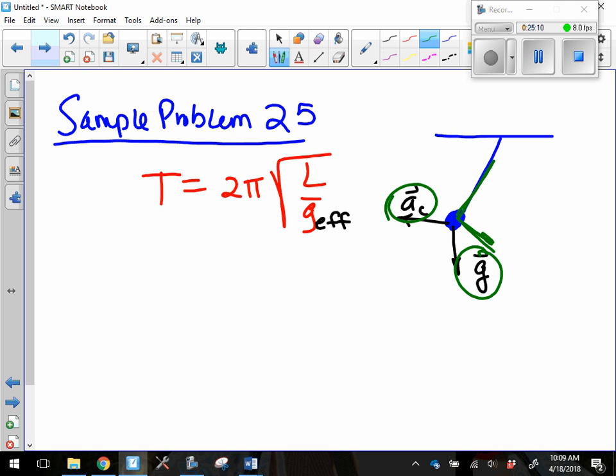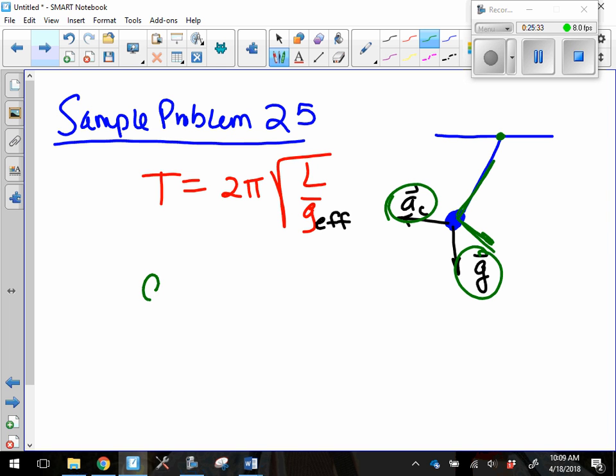So what you would do, although it's not the way we're going to answer this problem, is you would go back to finding the net torque around the pivot point and realize that you would have a gravitational force and you would have a centripetal force that are going to act together. Okay.